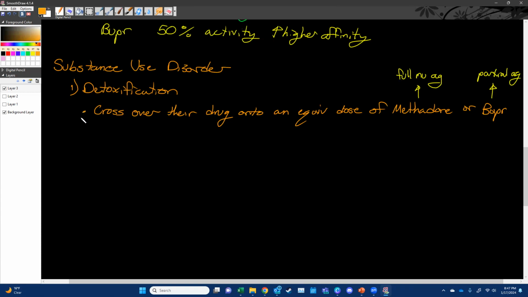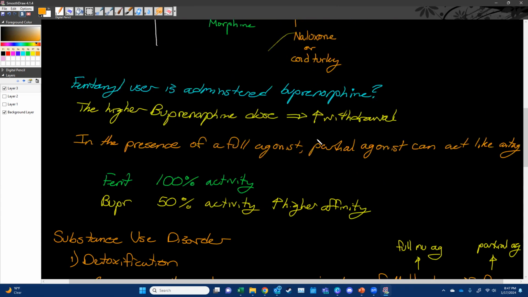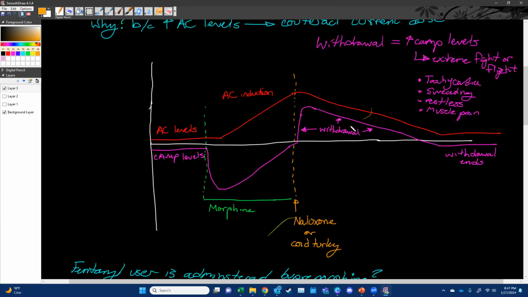Once you do that, you slowly decrease the methadone or buprenorphine dose. The idea here is that we're taking someone from this high level of cAMP, high level of adenylate cyclase, and we're slowly bringing them down.